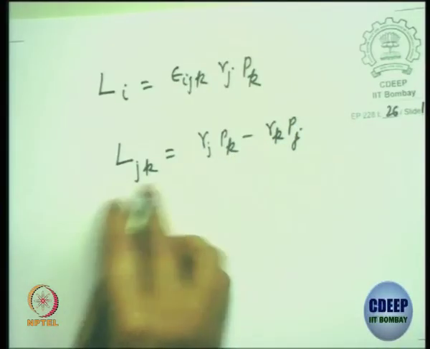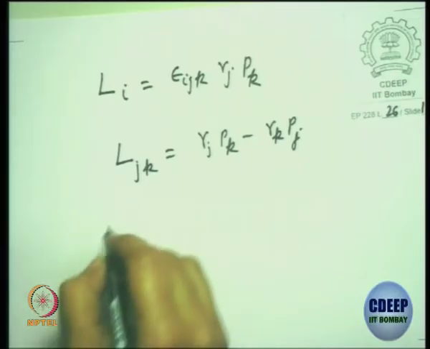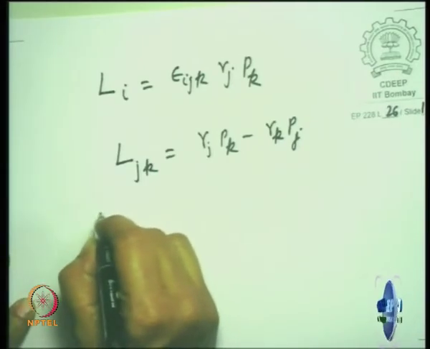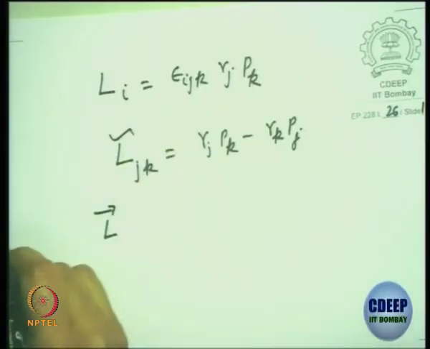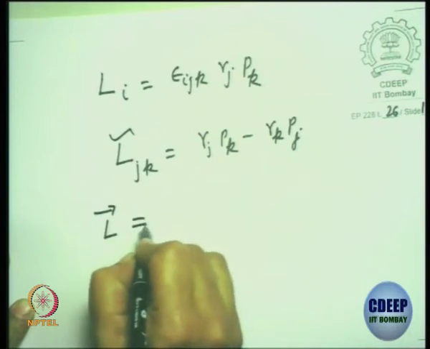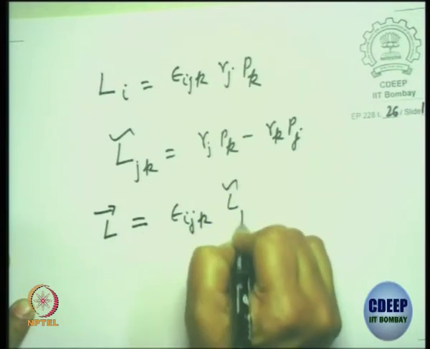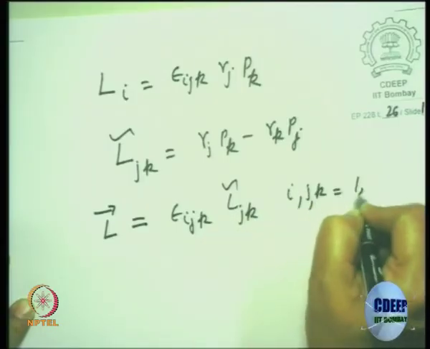I am saying let us do that as a rotation in the jk plane. And now we will call the actual angular momentum vectors, which you are all familiar with, L tilde. The actual angular momentum is nothing but epsilon_ijk L tilde_jk, where i, j and k are 1, 2 and 3.